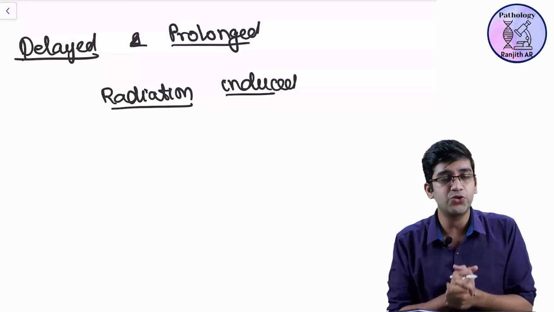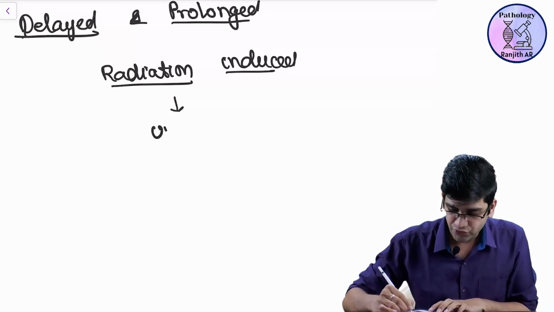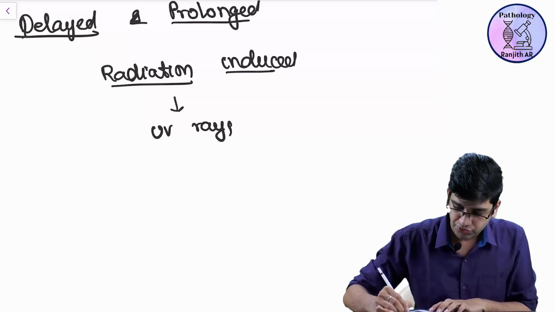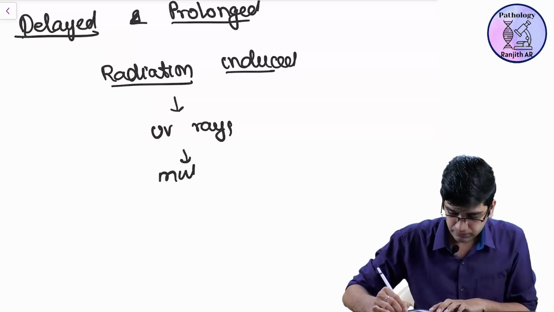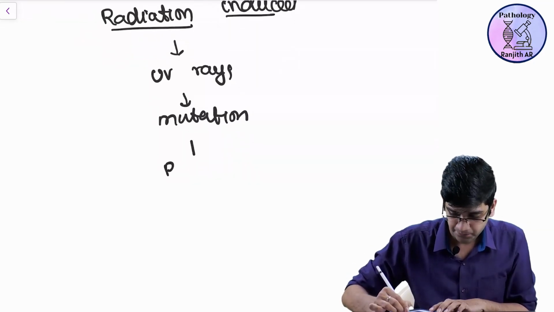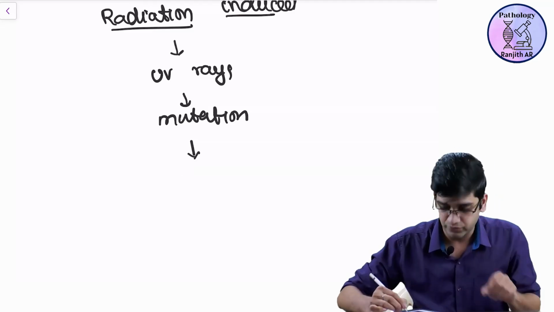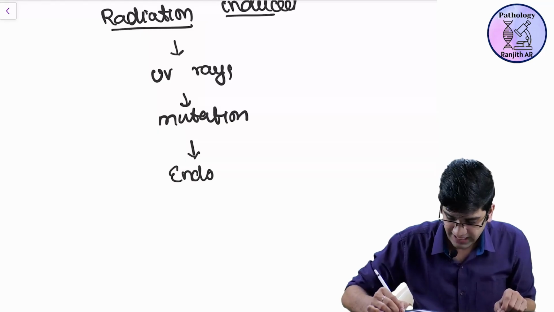When I have a radiation induced damage, what's going to happen here is, it's not a direct damage. I have UV rays. The UV rays will cause mutation. The mutation will cause endothelial damage.